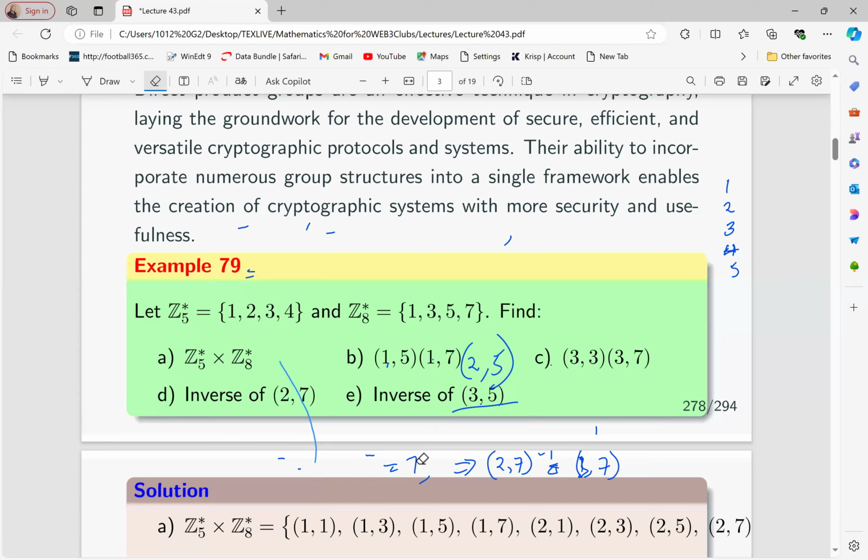Our second group is also multiplicative. And being multiplicative groups, it means the identity elements are 1, 1. And therefore, the new group formed, the identity element is 1, 1. That's the identity element.